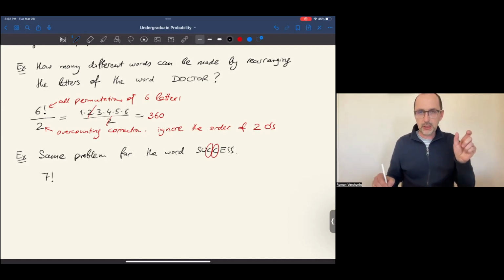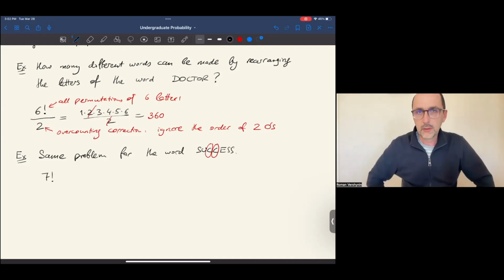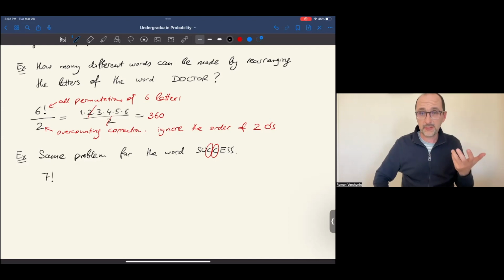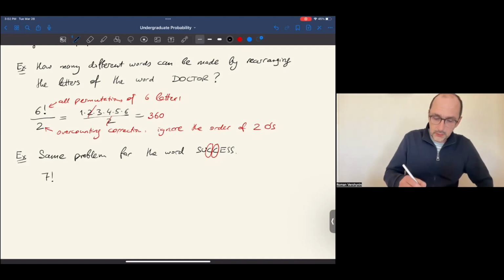So every permutation in which the letters C are flipped is counted as a different permutation, but it shouldn't have been, because it's the same word. To correct for this overcounting, we divide by 2.